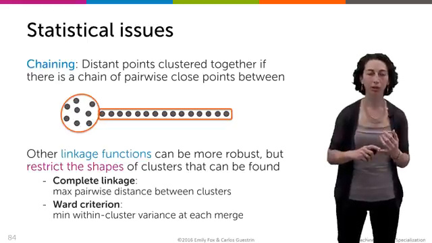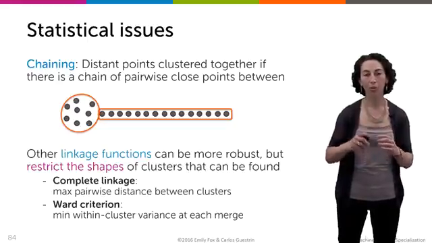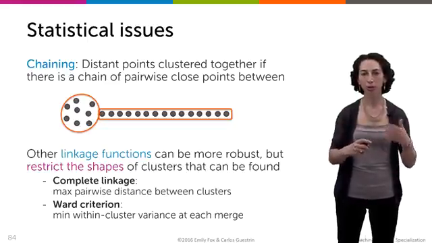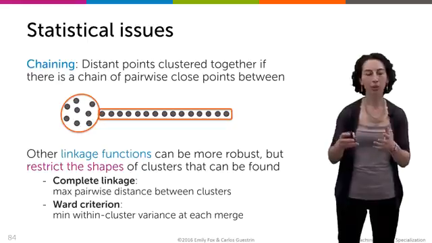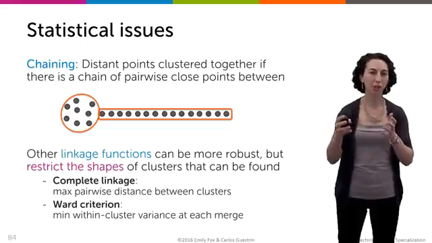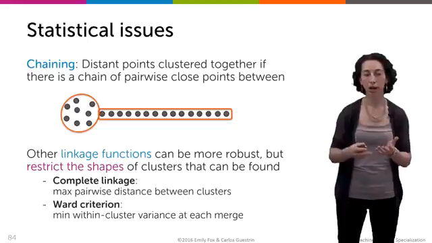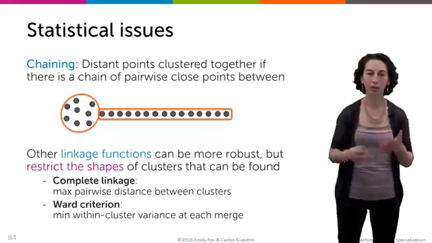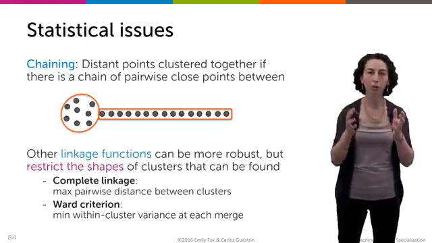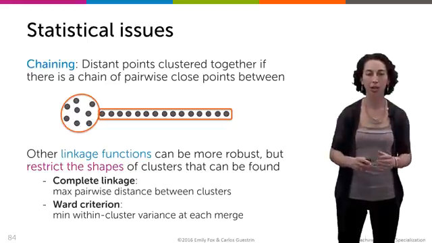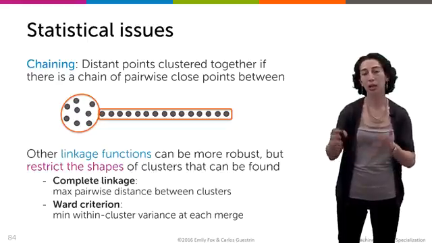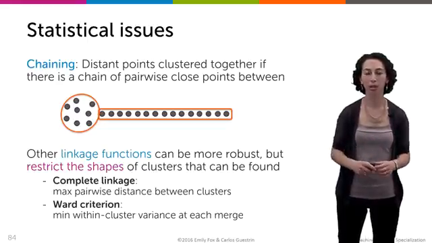And as an alternative, you can look at something called the Ward criterion, which looks at the variance of points within a cluster. But both of these alternative linkage functions end up implicitly imposing, in essence, shape restrictions on the clusters. So it does help with this chaining issue, but you get back to things that look closer to things like the mixture Gaussian type of results, where you're assuming a specific form that your clusters are going to take, and in essence kind of trying to rule out some other specific shapes that might actually be what defines the cluster.